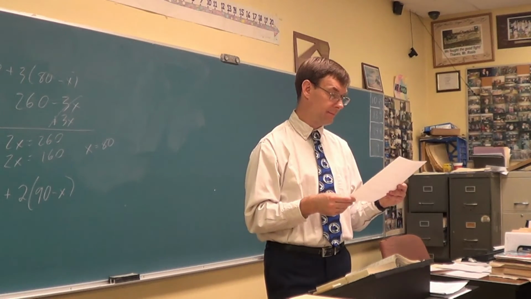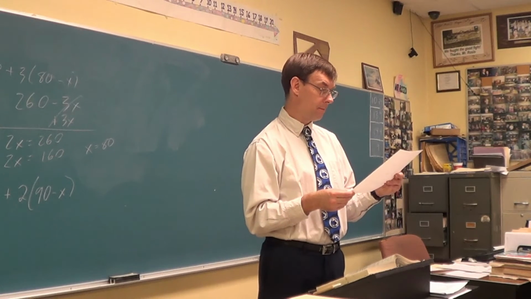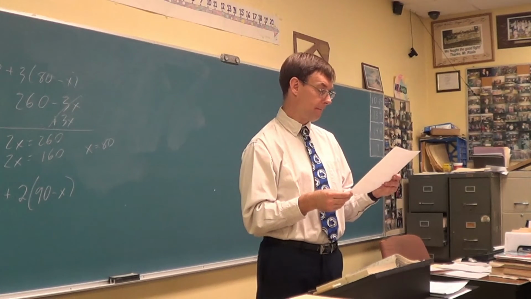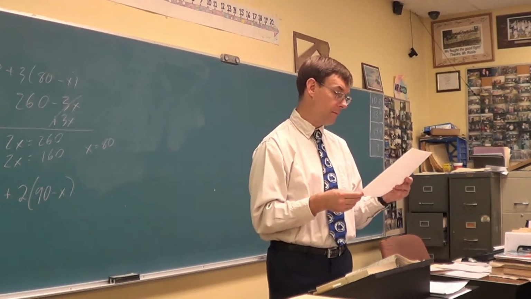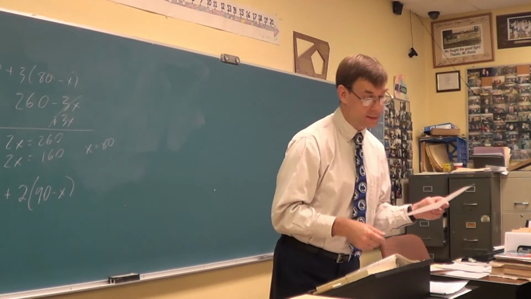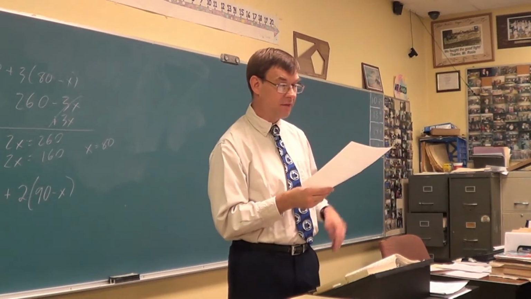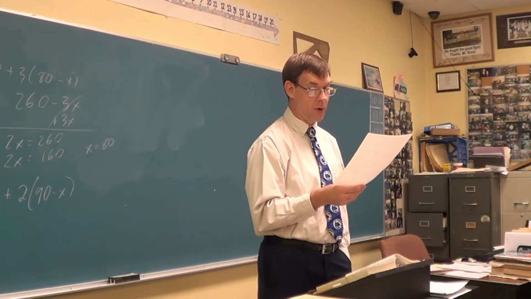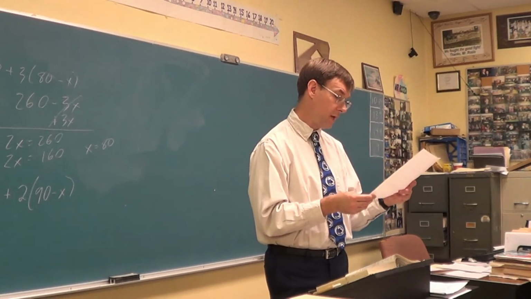15. Theorem 4-4? No. What kind of thing is it though? Definition. 15 is definition of perpendicular rays. Perpendicular rays are the sides of a right angle, so 15 is definition of perpendicular rays.